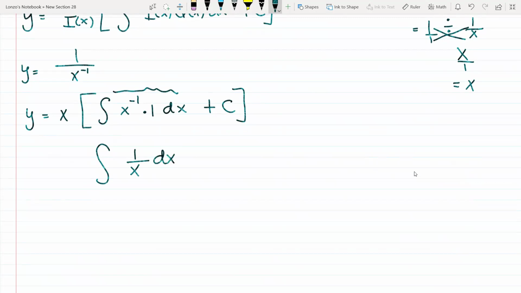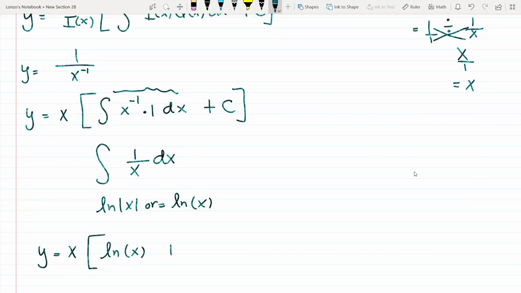What is the integration of 1 over x? It is the ln of absolute value of x, or you could say ln of x, same thing. So your equation is going to be y equals x bracket ln of x plus c.